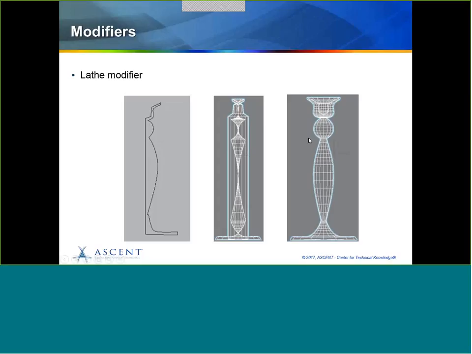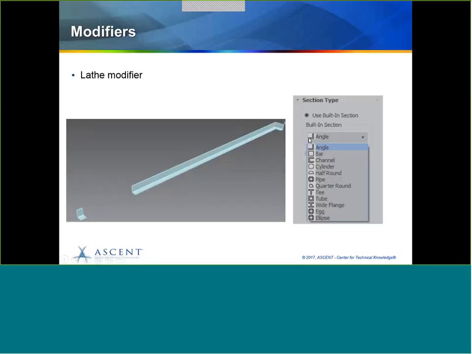Now the next modifier is the sweep modifier. The sweep modifier is a simple and effective option to create 3D geometry based on a 2D section that follows a series of splines. So for example, there is one spline segment path here, and then there is another one that's created here.